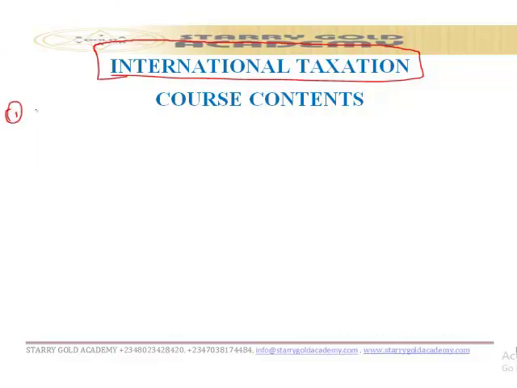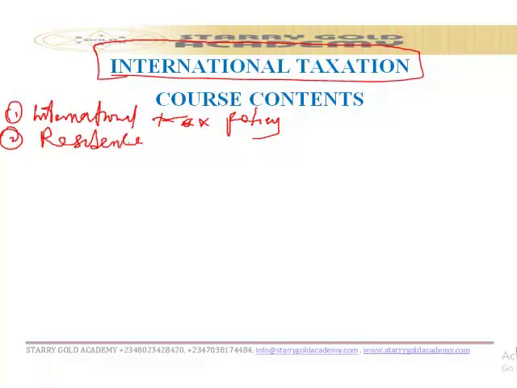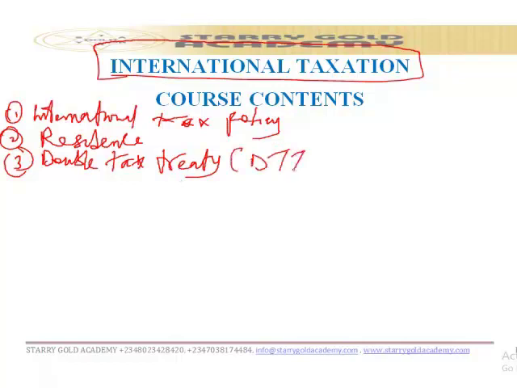Firstly, we shall be taking international tax policy, and also we shall be looking at residence, and also double tax treaty, and also the concepts of permanent establishment.